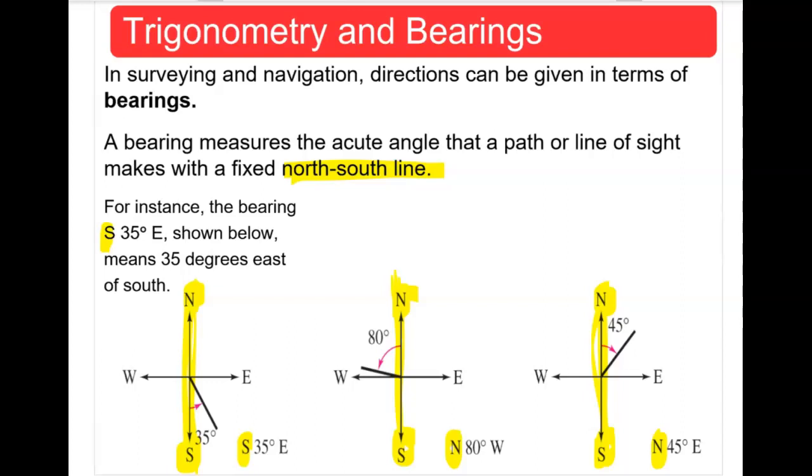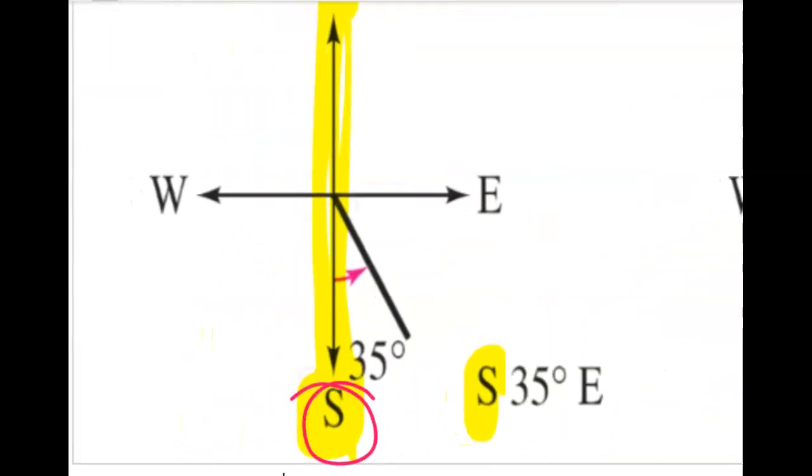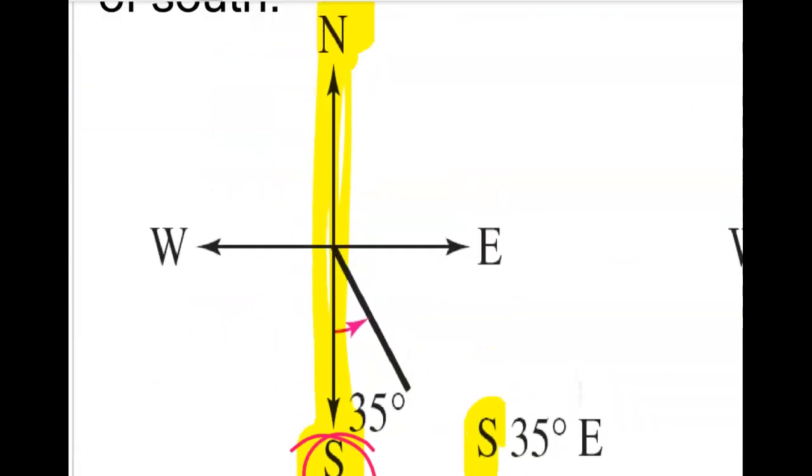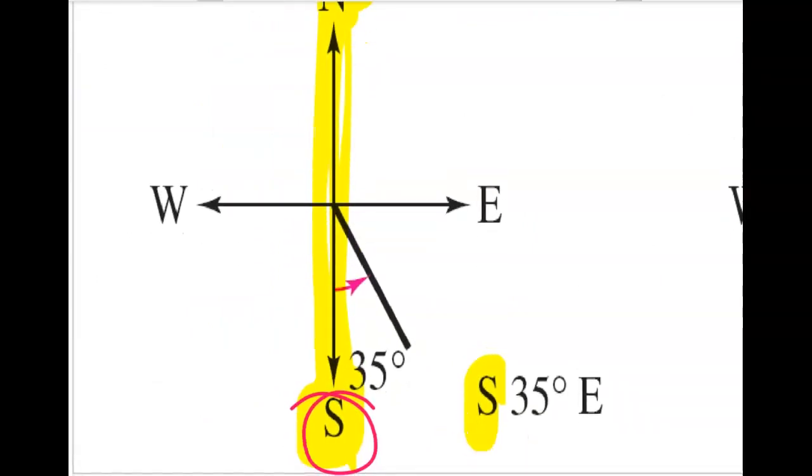So we start here, S for south, and then we go in the direction that you see the arrow pointing to, because we're going in the east direction. So we go this way, and how far do we go? 35 degrees. So that will be south 35 east.